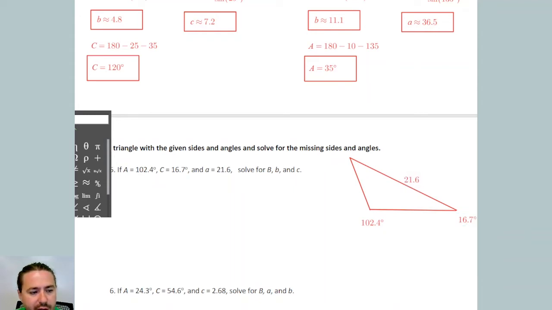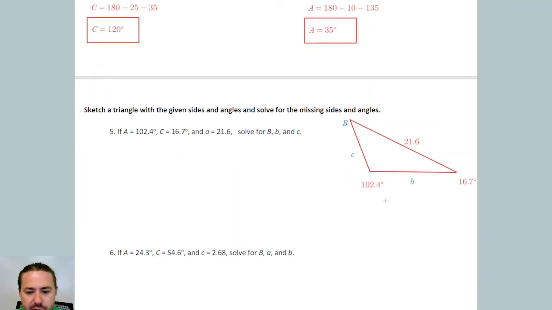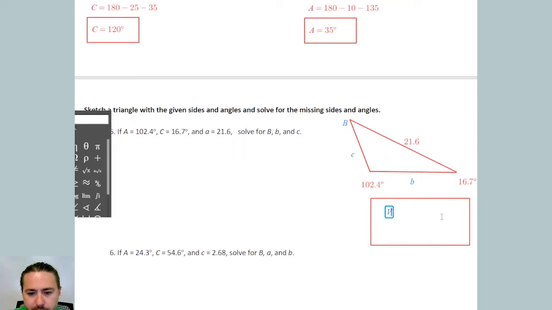And we need to find angle B, side B, and side C. So what I might do here is create a little answer box so I can keep my eyes on the prize and say, okay, I'm trying to find angle B, I'm trying to find side C, and I'm trying to find side B. It gives me a little spot here to record my answers as I go.